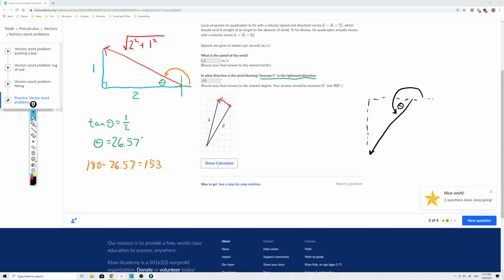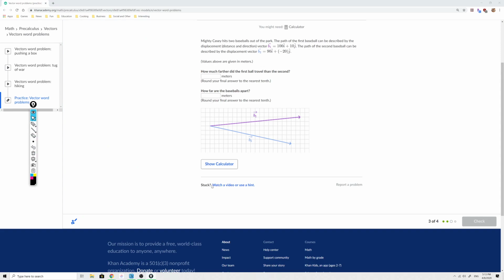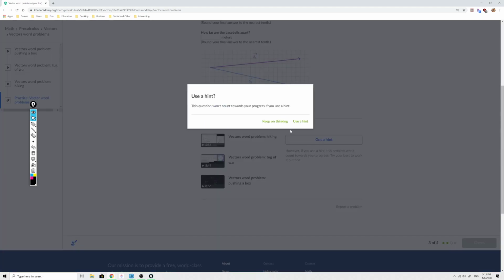Once again, if you checked your email, do the best you can on this assignment. If you need some extra time, it's perfectly fine. We'll take advantage of this e-learning and be kind of lenient on the due dates. If you want some extra help, just let me know. If there's one particular problem and you just don't know why you're getting the wrong answer, just remember on Khan Academy you can click this link where it says watch a video or use a hint, and if you get a hint, it will work through the problem.